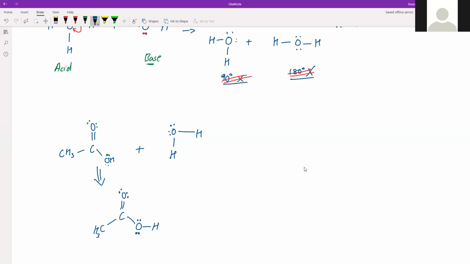Now what actually happens here is that, among oxygen and hydrogen, oxygen is more electronegative, so it has a tendency to pull electrons, and there is a shared electron here. So this oxygen will pull that electron towards itself, and that helps us in breaking the bond.